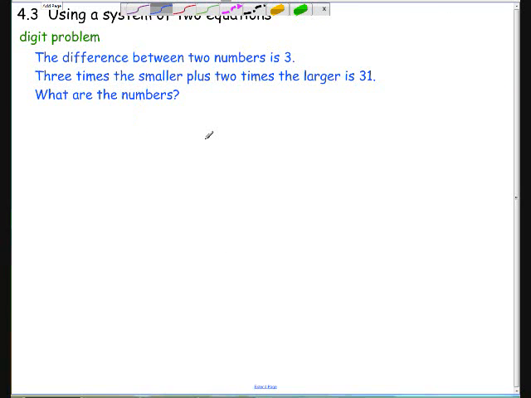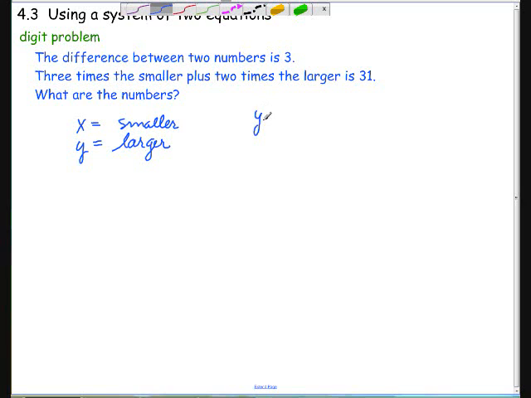A digit problem. The difference between two numbers is 3. And we want to know what the numbers are. So let me say x equals one number, and I'm going to say that's a smaller one. And y is the larger one. If the difference between two numbers is 3, how do I set this up?